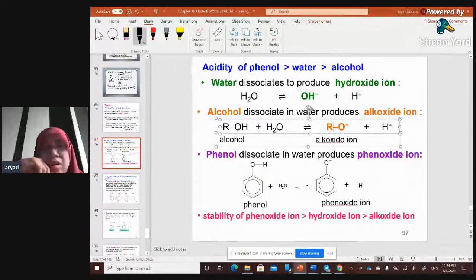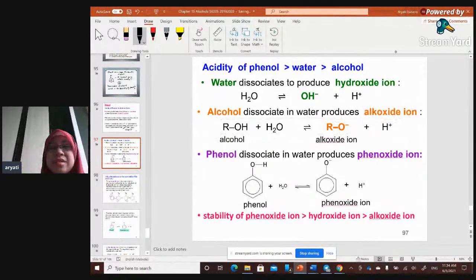So why? Okay, why does this phenomenon happen? Because water dissociates to produce hydroxide ion. So this is water. Okay, so air dia bersifat acid, dia mesti donate proton H plus.